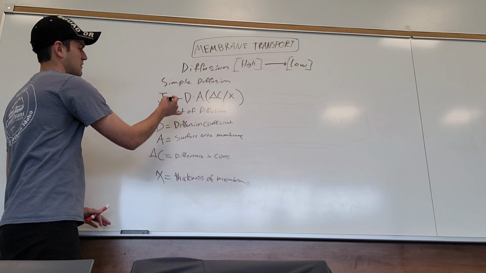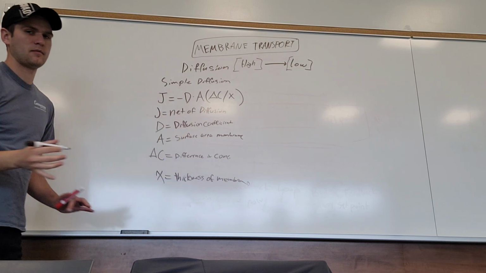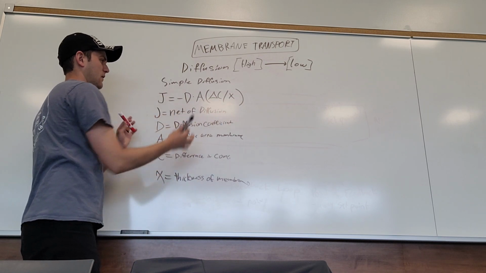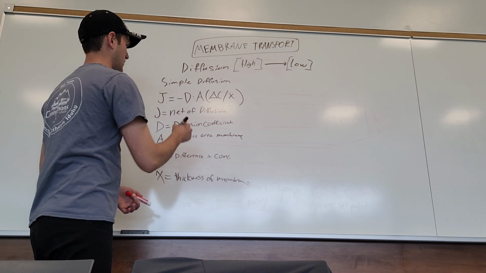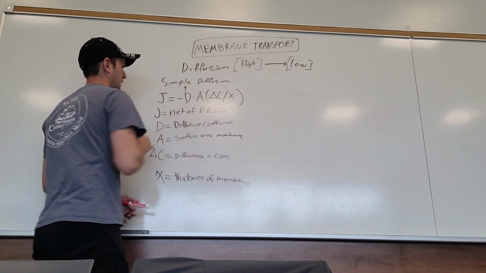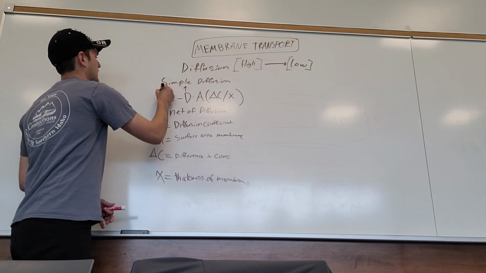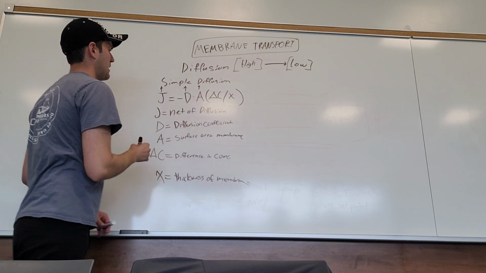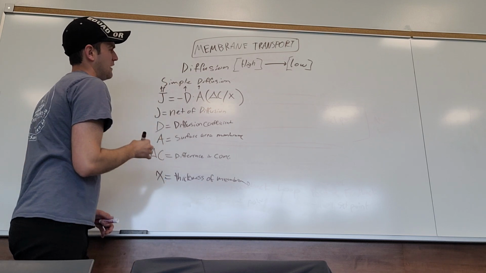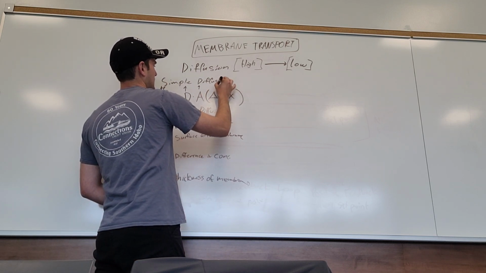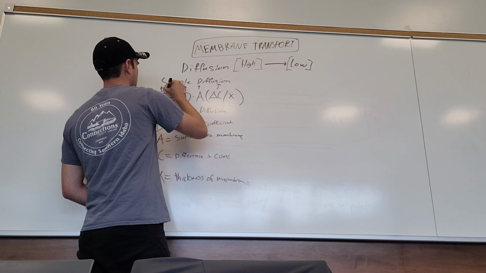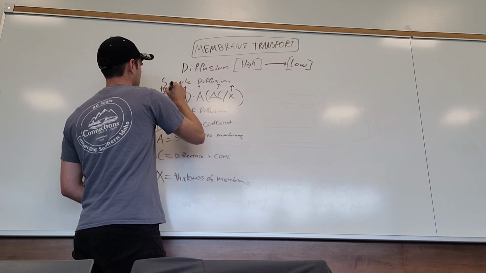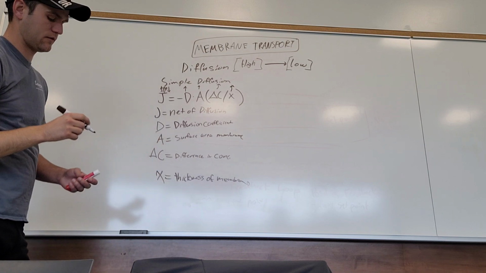So essentially we can take this equation and determine how fast our solutes are going to be able to diffuse and how these certain variables are able to affect that diffusion rate. So if we increase our diffusion coefficient, that's going to increase our rate of diffusion. If we increase our area of the membrane, also going to increase it. If we increase our delta C, that's also going to increase our net rate. If we increase our X, though, that is going to decrease our net rate of diffusion.